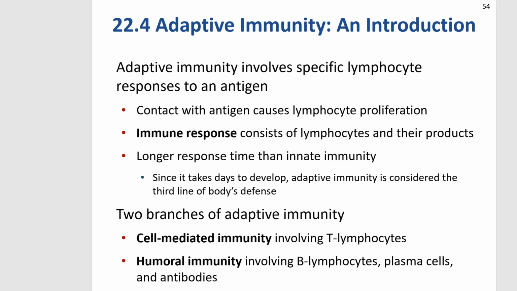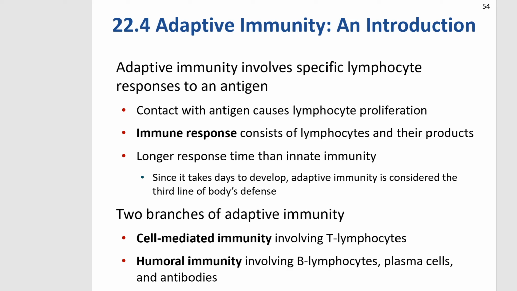So let's get into adaptive immunity now. I'm going to talk about that for a little bit. This is specific lymphocyte responses to an antigen. This is what we call our immune response, or truly our immune response. There are two branches, two ways that adaptive immunity can manifest, and one is cell-mediated immunity, and the other is antibody or humoral immunity.